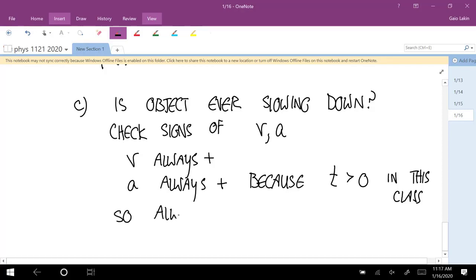So it's always speeding up. And it's always speeding up in the positive direction because the velocity tells you the direction it's moving.